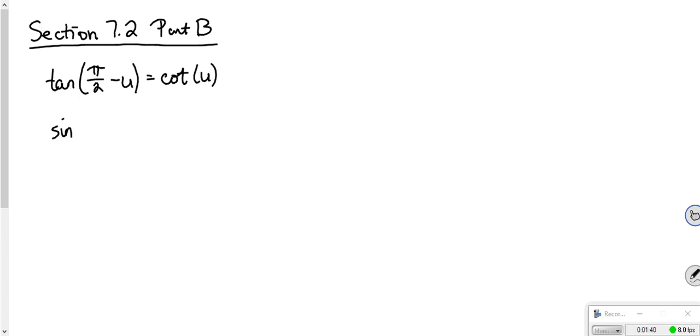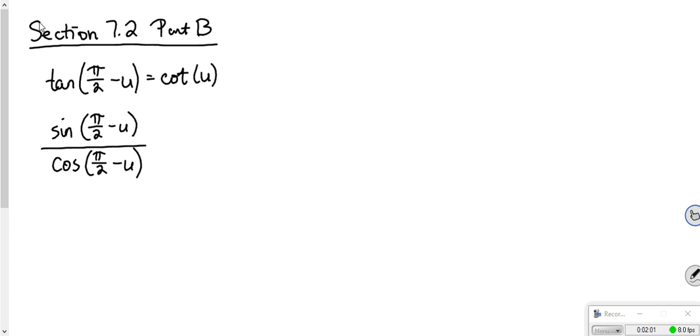So this is sine of pi over 2 minus u over cosine of pi over 2 minus u. Okay, so again, just filling in the blanks after we substitute in sine over cosine for the tangent function.